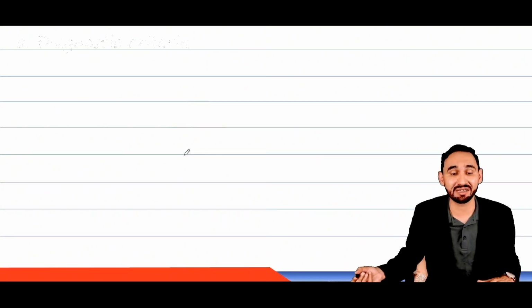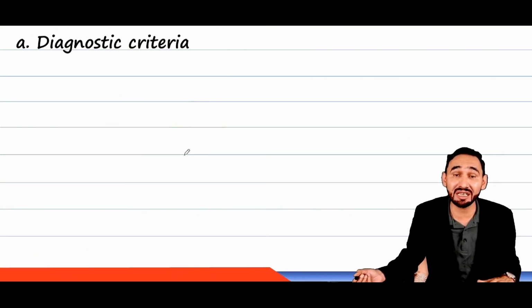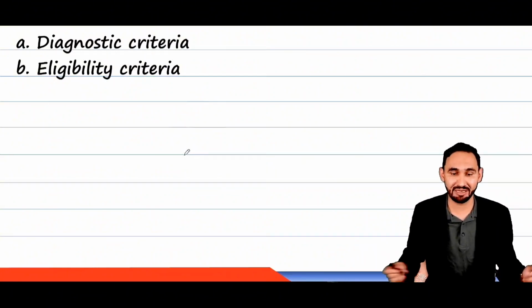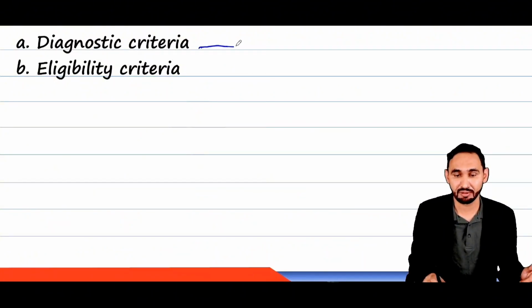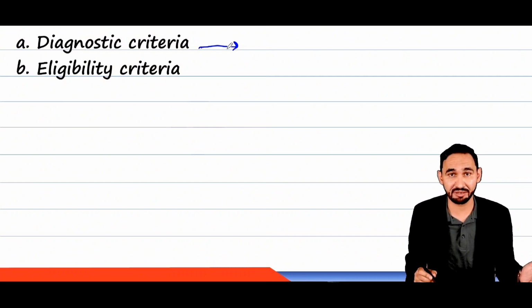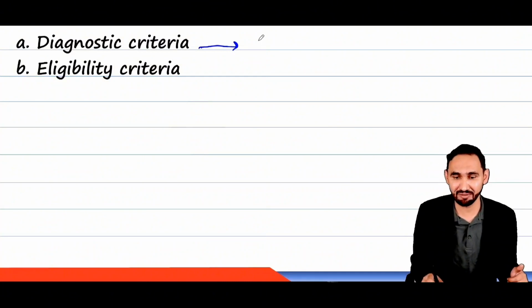How will we select the cases? According to diagnostic criteria and according to eligibility criteria. What is diagnostic criteria? Case control study is done in rare diseases like cancers. So we take the cases of the same stage or same grade, like grade 1.